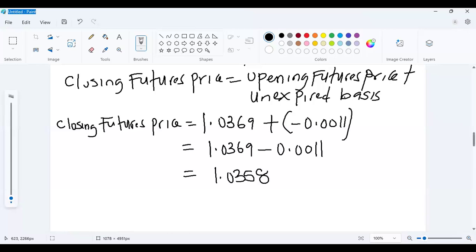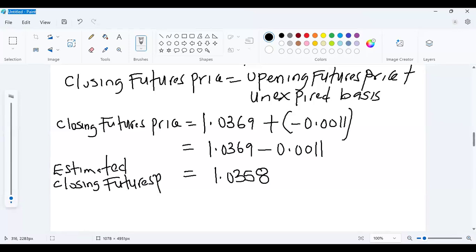This is the estimated closing futures price.